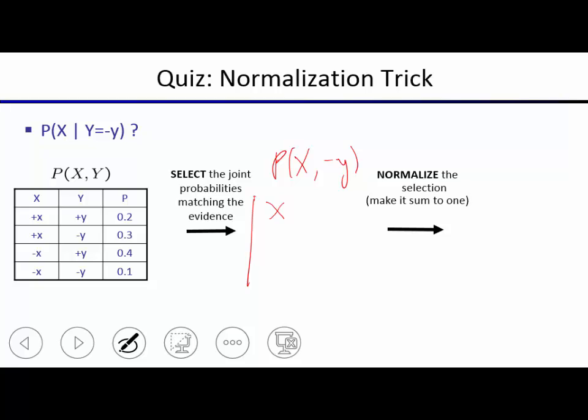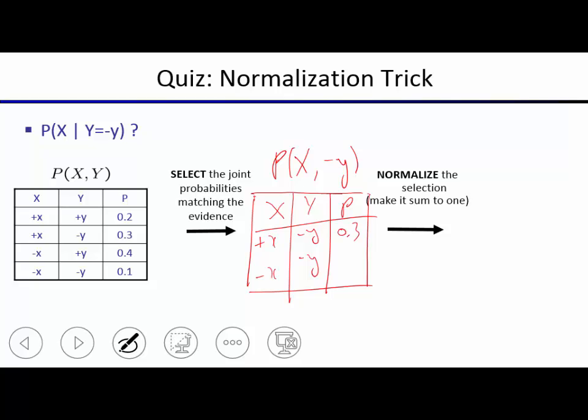We can still include it, but it won't really do much. So negative y every time, and then we have x could be positive x or negative x.